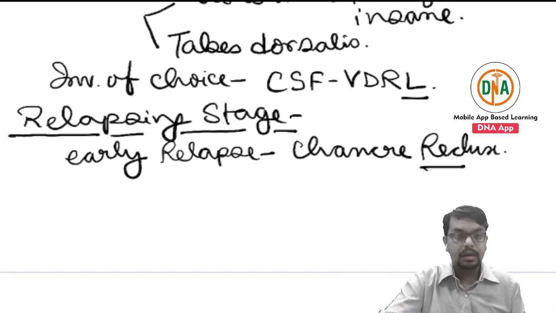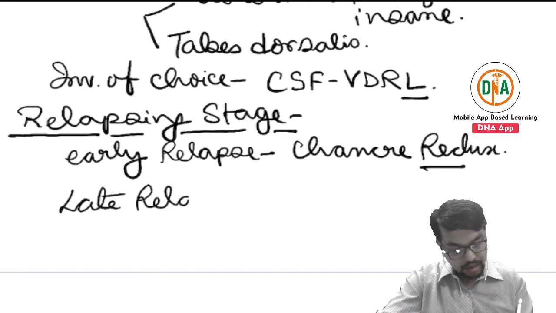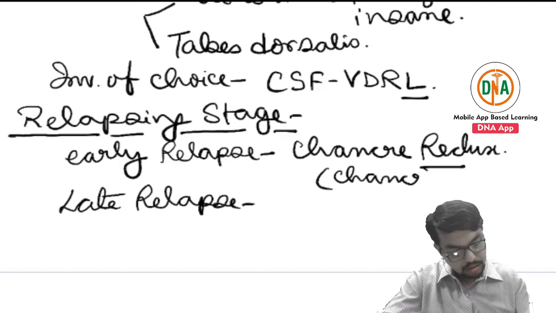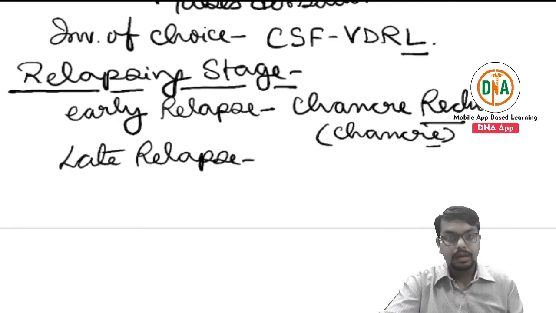That is appearance of chancre over the site of previous lesion of the chancre. Chancre redux is basically chancre developing over a lesion of previous affection.